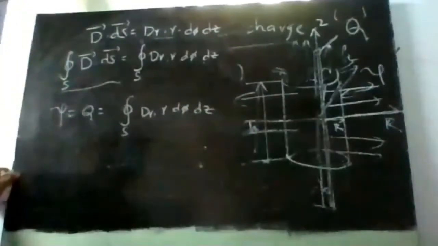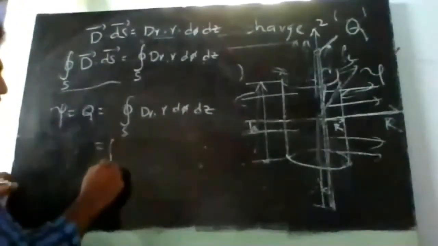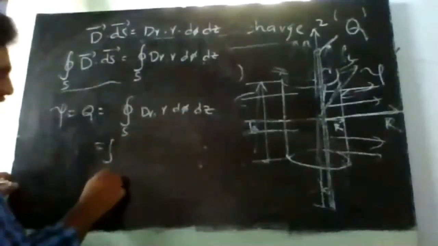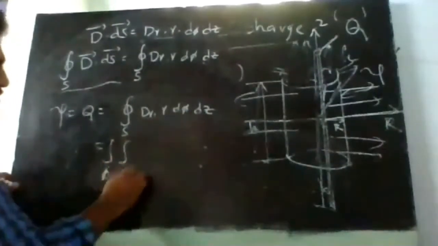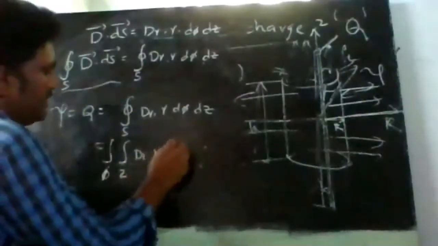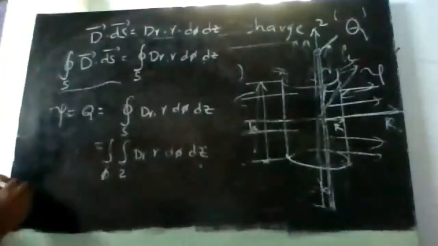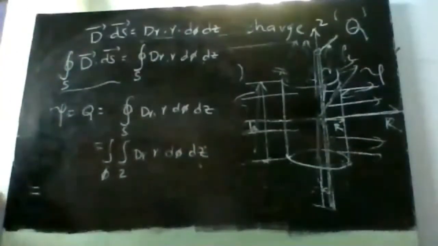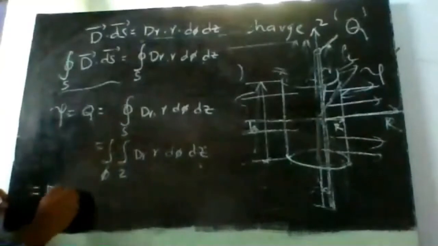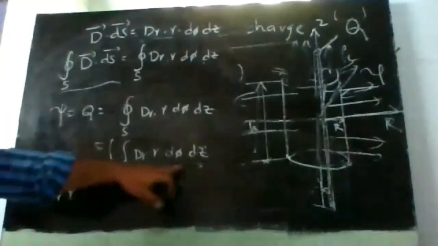So I am integrating, this is basically a surface integral, meaning a double integral, one with respect to phi and another with respect to z. Now Dr and r are both constant with respect to phi and z.